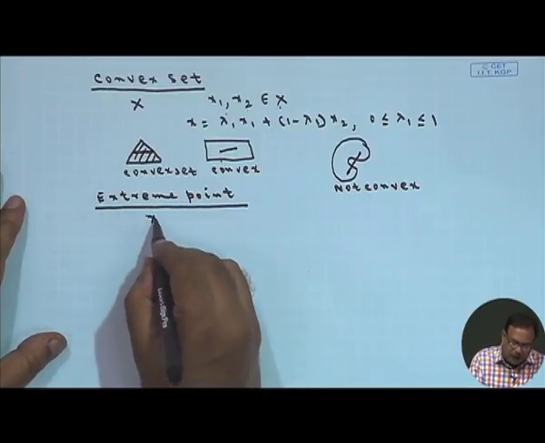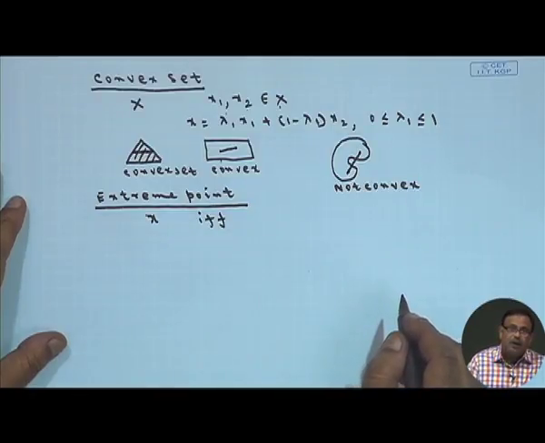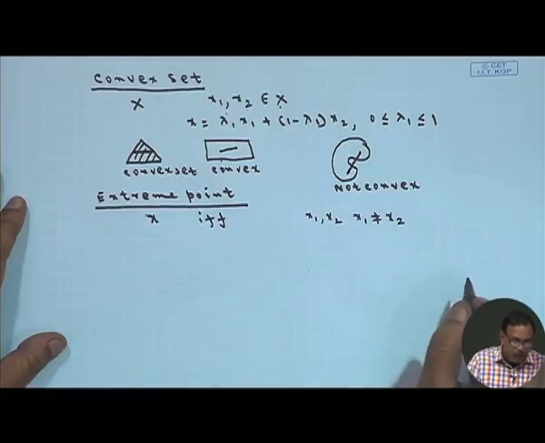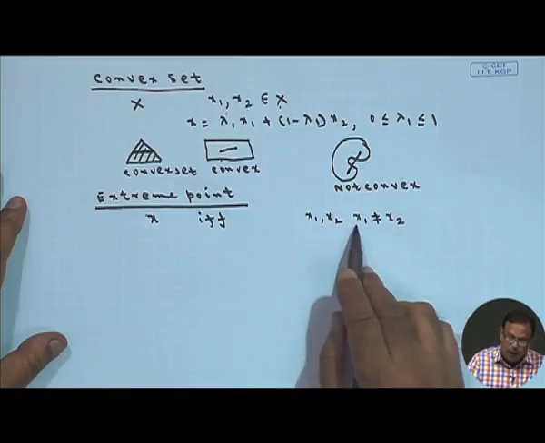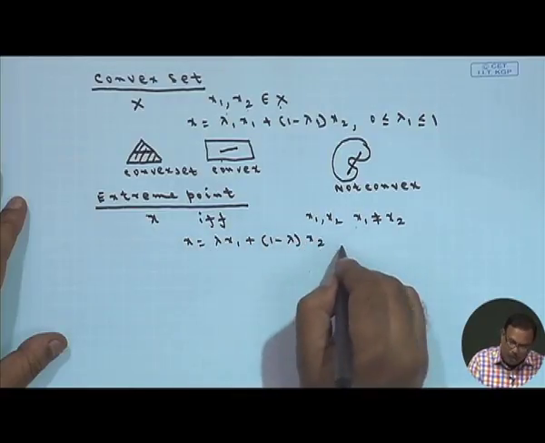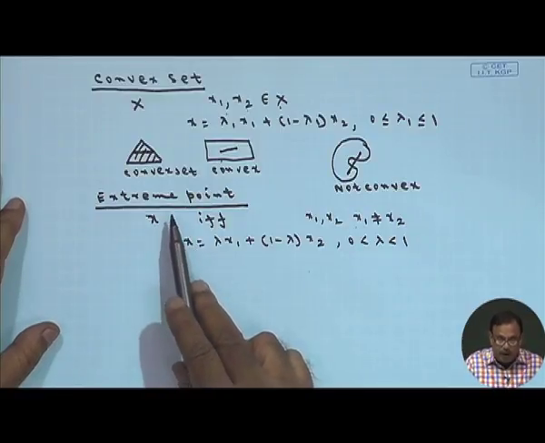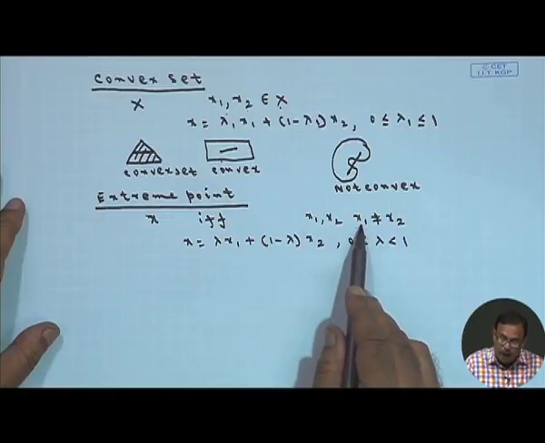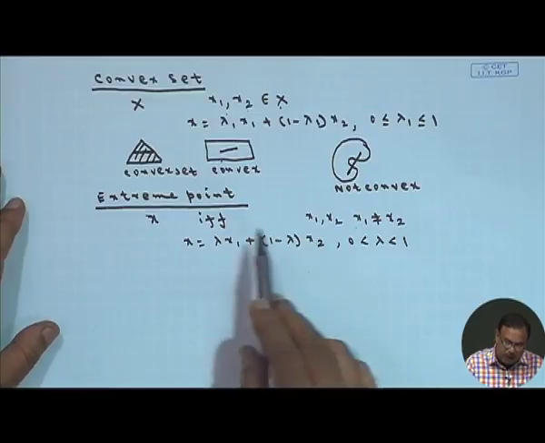A point x is said to be an extreme point of a convex set if and only if, please note this one, if and only if there does not exist any two points x1 and x2, where x1 is not equal to x2, in the set, such that x equals lambda x1 plus 1 minus lambda into x2, where lambda lies between 0 and 1. That is, x is not a convex combination of these two.